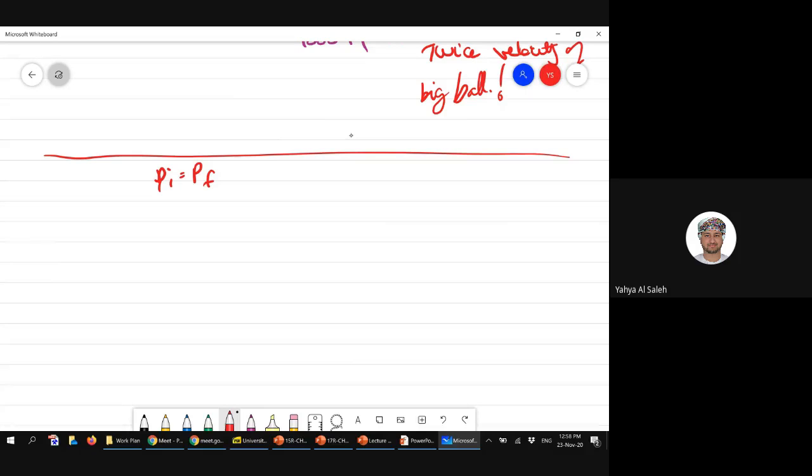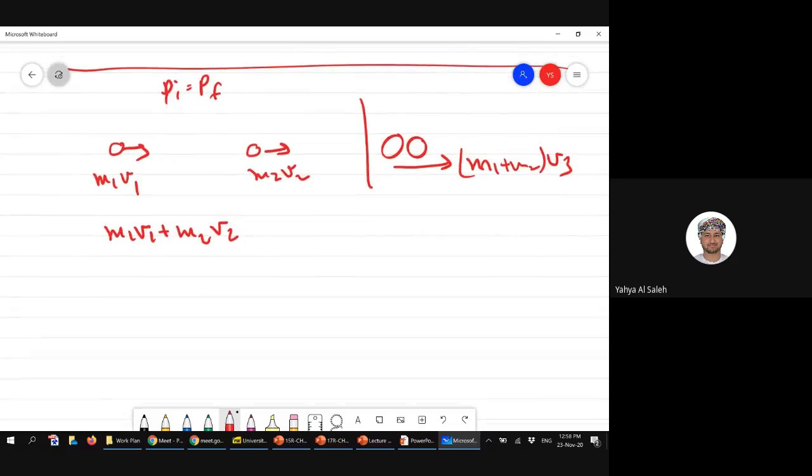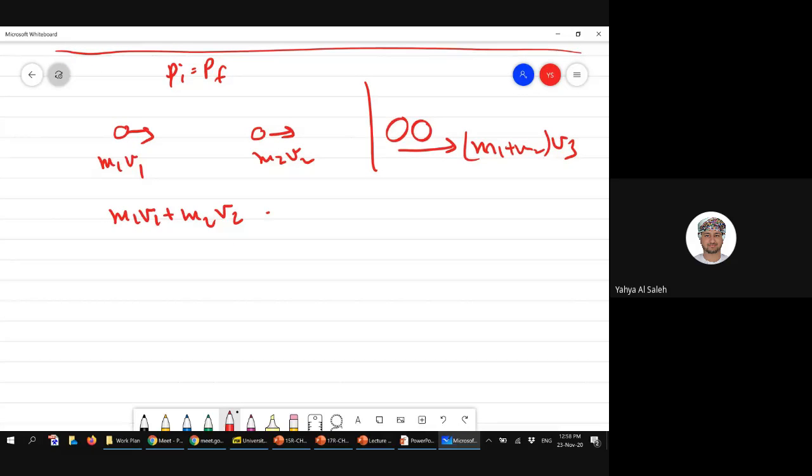So if something is moving M1 V1, something else is moving M2 V2, and then they become together and move as one, M1 plus M2 V3, we will end up having M1 V1 plus M2 V2 is equal to M1 plus M2 V3.